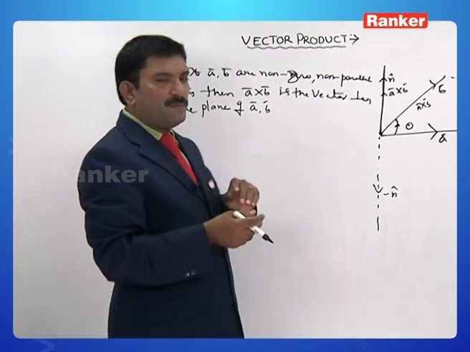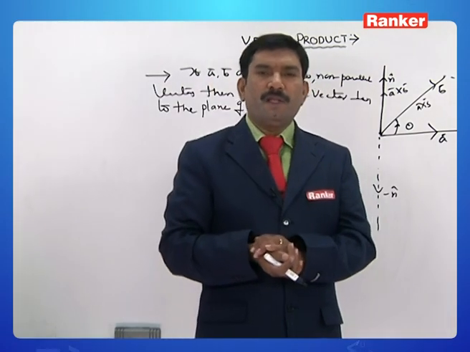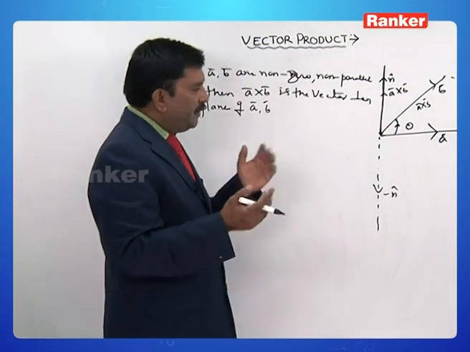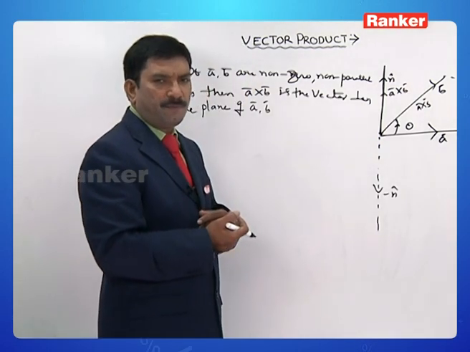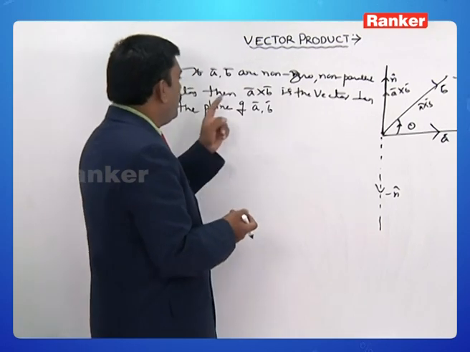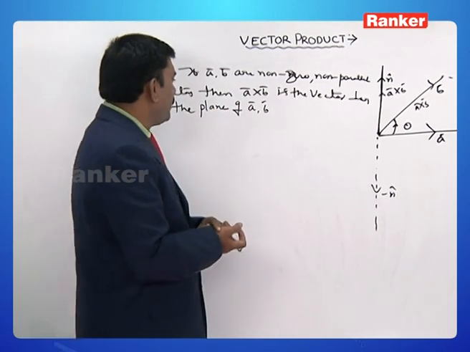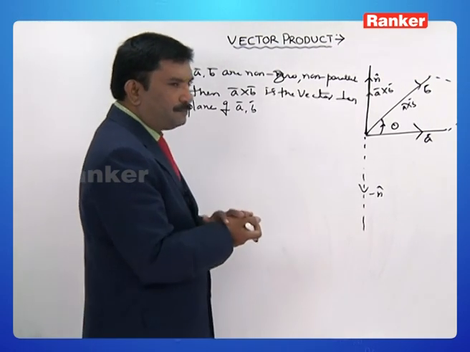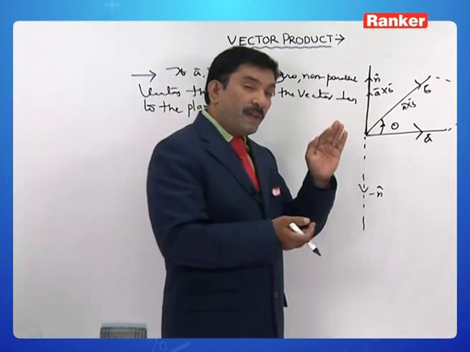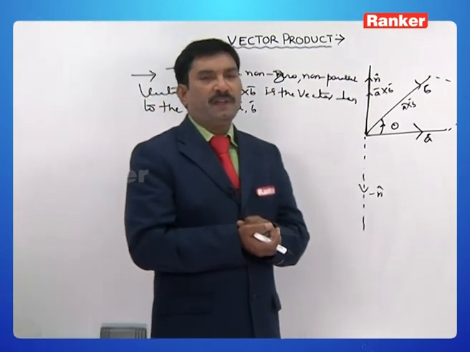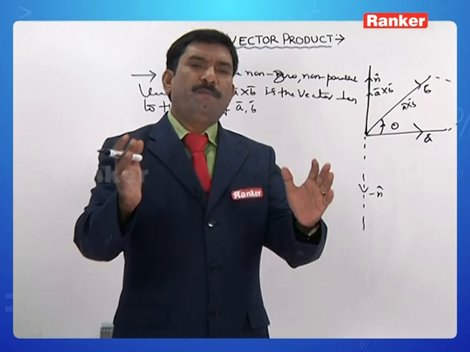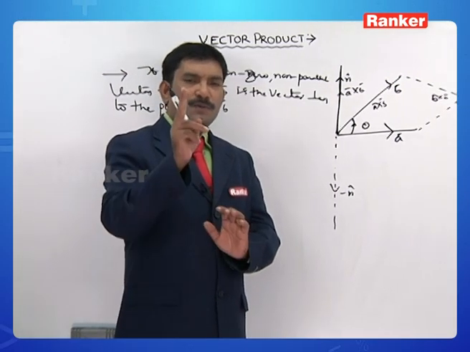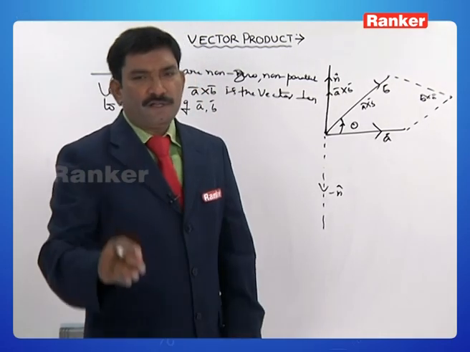So when A cross B is the vector perpendicular to the plane containing A bar and B bar, then B cross A is also a vector perpendicular to it. As you know already, how many unit vectors are perpendicular to the plane containing A bar and B bar? There are two vectors. One is n cap, the other is minus n cap.